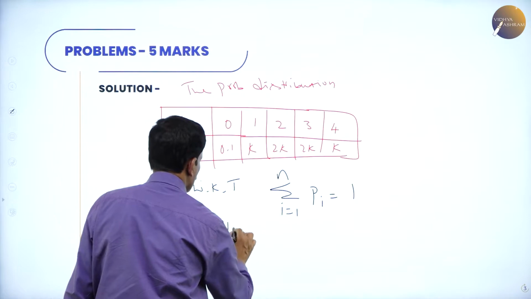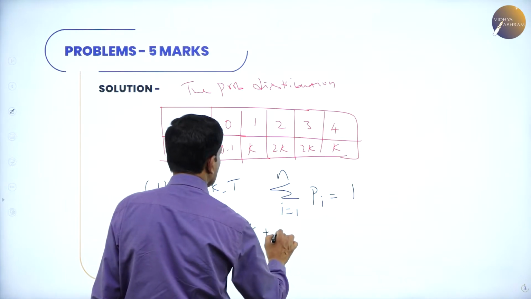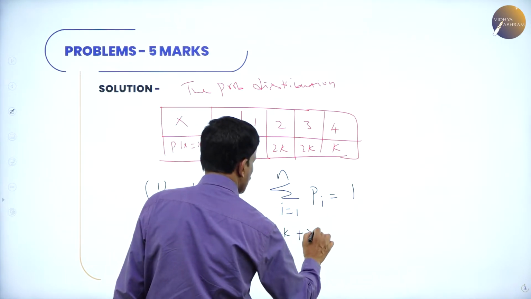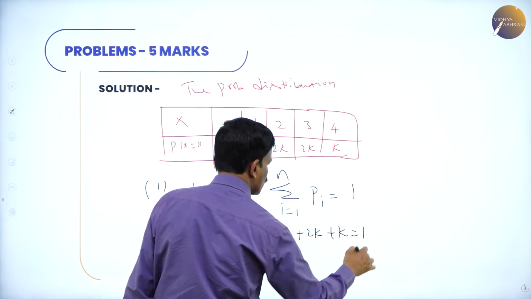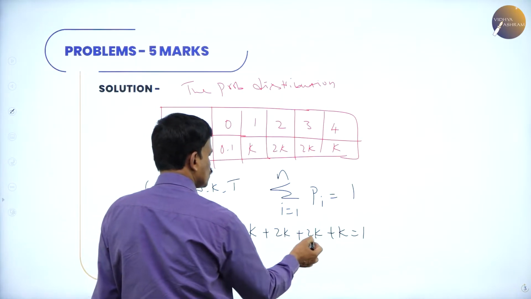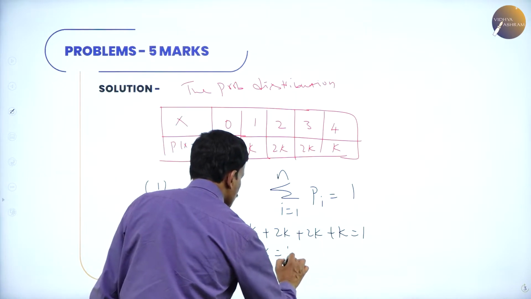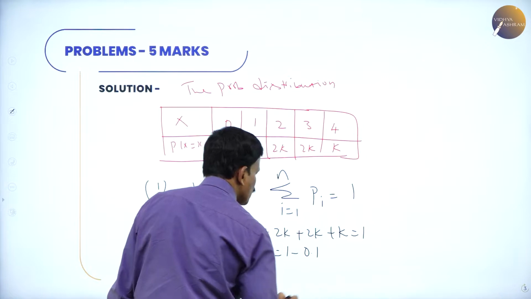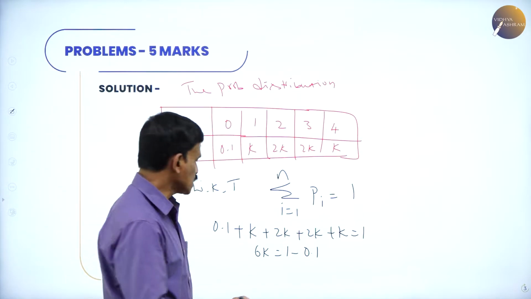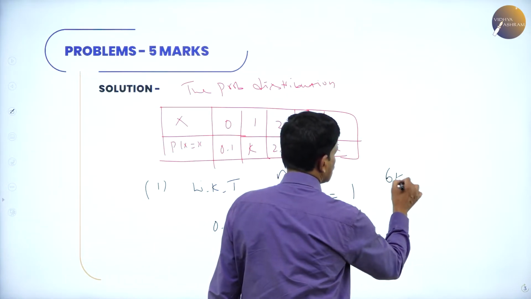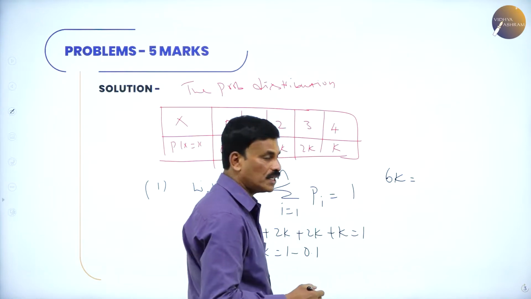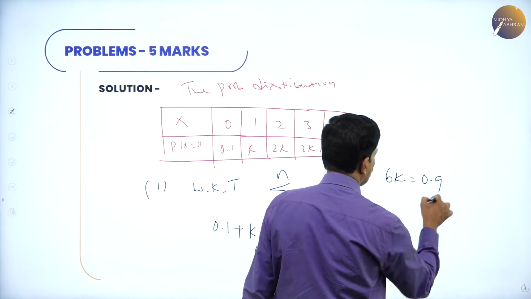That is 0.1 plus k plus 2k plus 2k plus k is equal to 1. So 2k plus 2k is 4, plus 1 is 5, plus 1 is 6k, equal to 1 minus 0.1, which is nothing but 0.9.